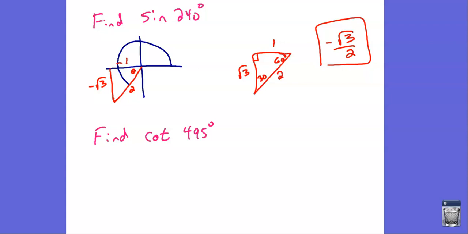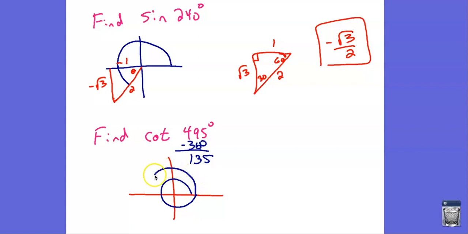Okay, let's find cotangent of 495. Again, I'm trying to find my reference angle, so if I go 360 degrees, that's one circle, and then with a little subtraction, I still need to go 135 degrees more. What's left over is this theta, which is 45 degrees.